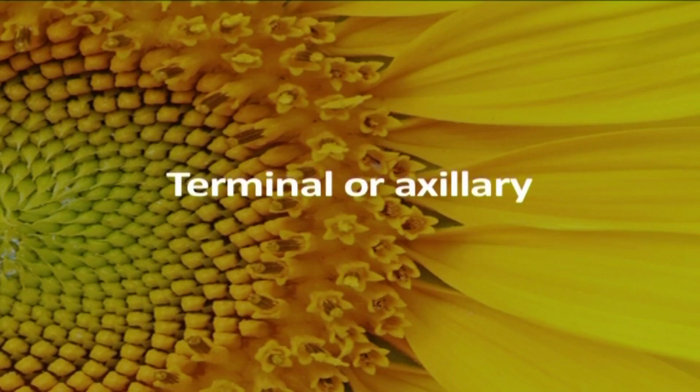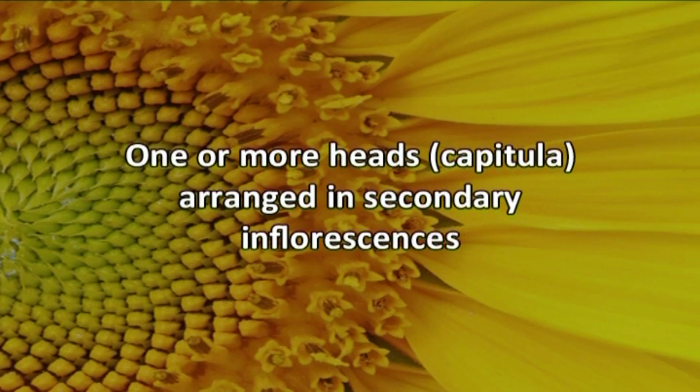Now the inflorescence. Inflorescence here in Asteraceae can be either terminal or axillary. Here one or more heads, as already mentioned, are called capitulum. They are arranged in determinate secondary inflorescences.